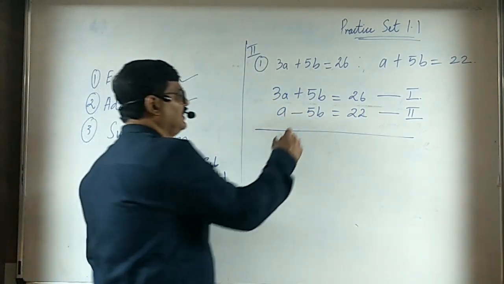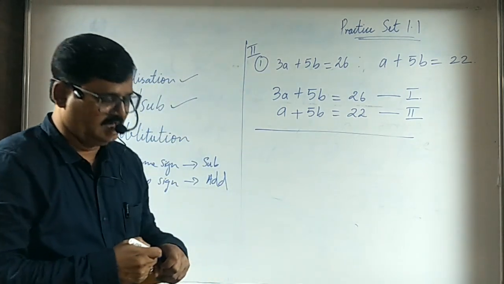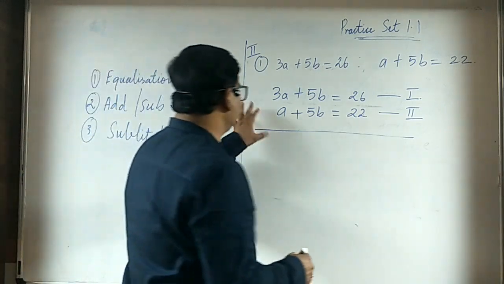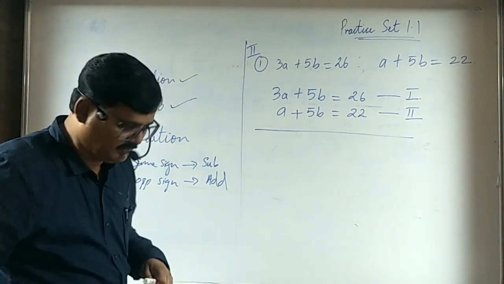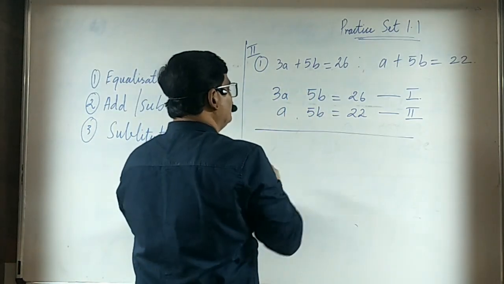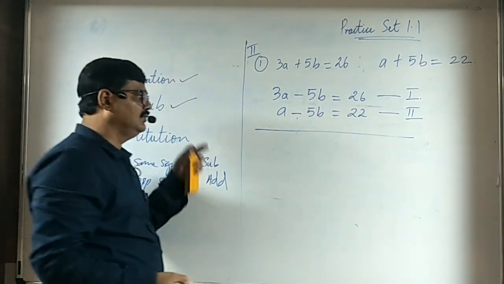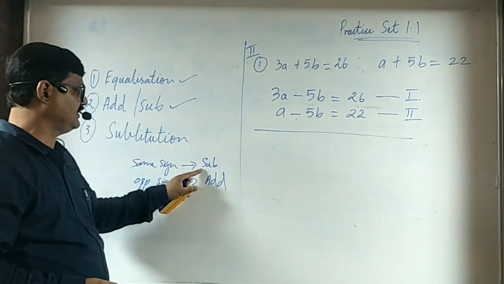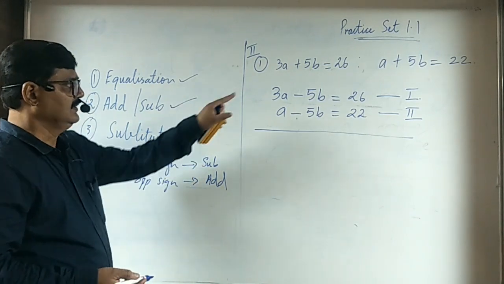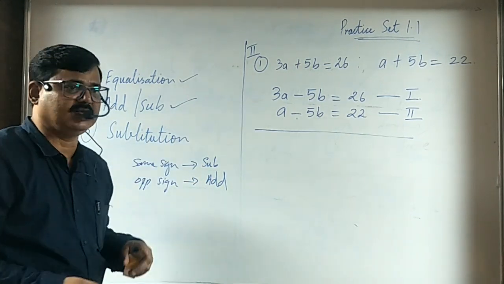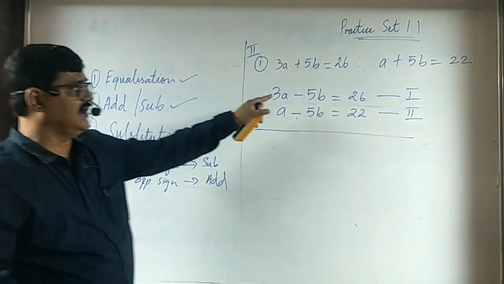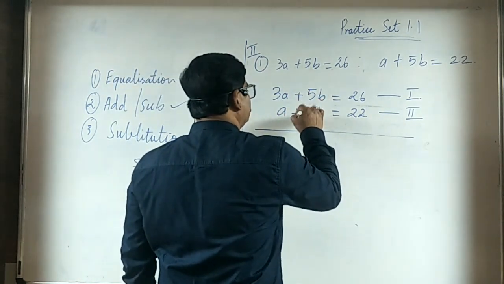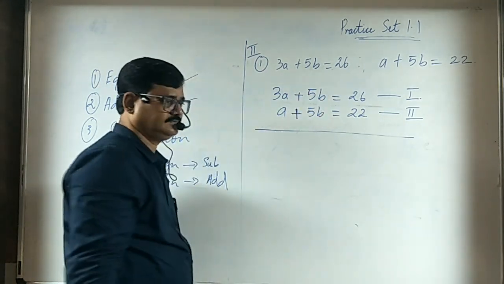But in this case both have the same sign, plus. Also, if both numbers have a minus sign, you still do subtraction, because same sign means subtraction, S for same, S for subtraction. Whether both are plus or both are minus, you subtract. If one is plus and the other minus, you add. This is a very important part. Here both are plus and plus.